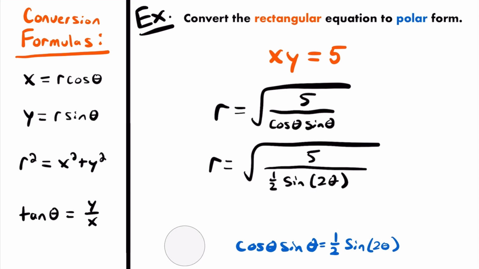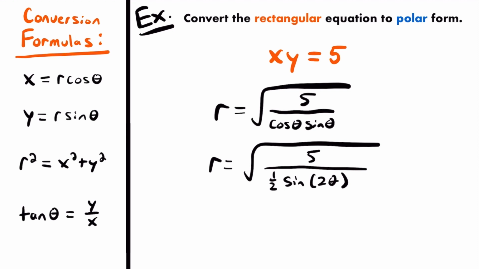All right, now that might look a little bit more complicated than what we had before, but now what we can do is move this trig function to the numerator by remembering that 1 divided by sine is equal to cosecant. So we can have cosecant of 2 theta in the numerator here times 5. And then remember that dividing by a fraction is the same as multiplying by the reciprocal of that fraction.